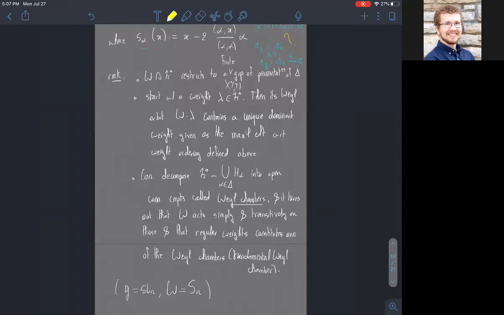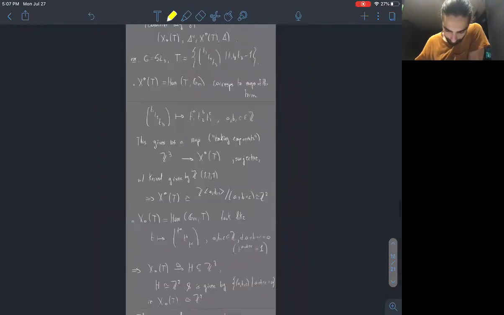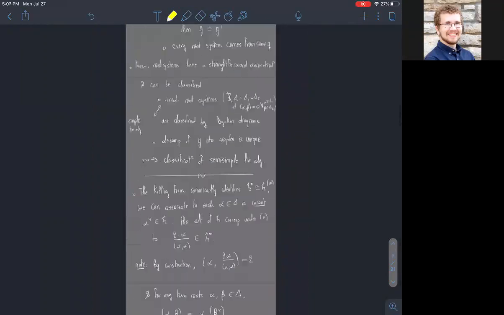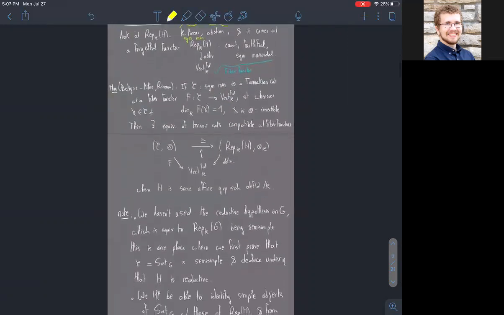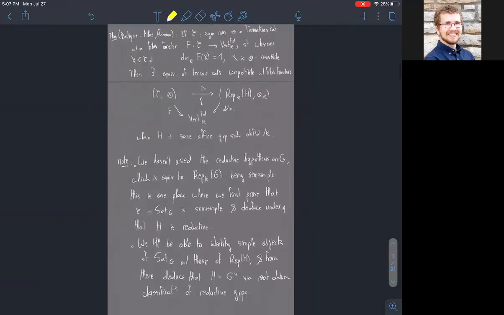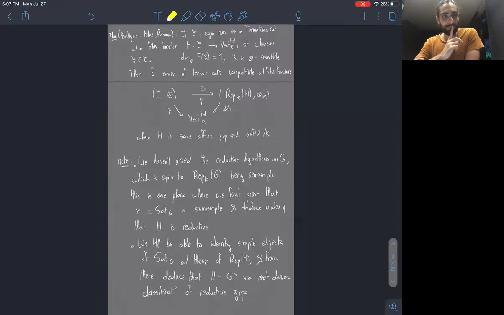I have a question about the Tannakian reconstruction. So if I remember right, the H that you get is the natural automorphisms of the fiber functor. Is that right? That's a question that Alberto should answer. Yeah, that is true.